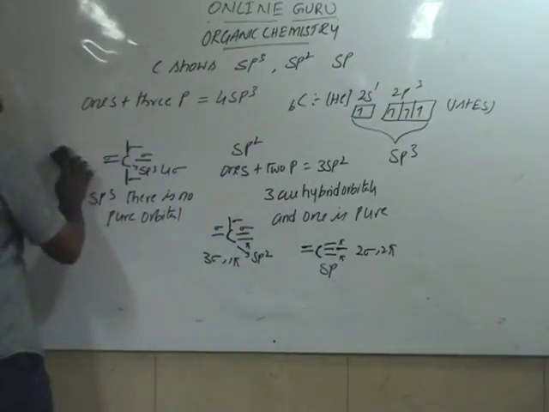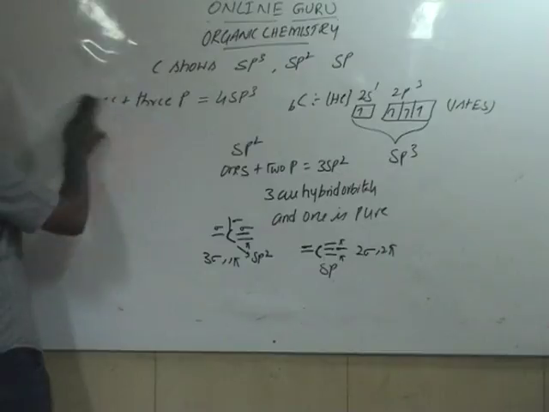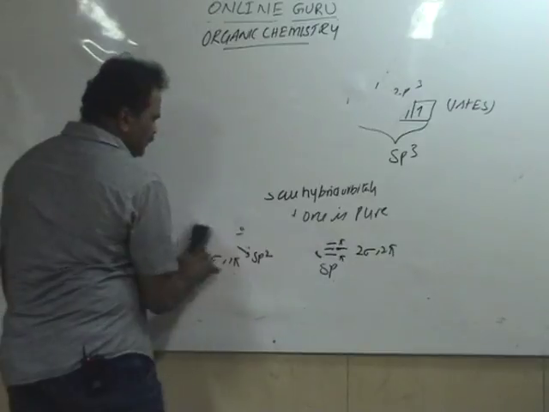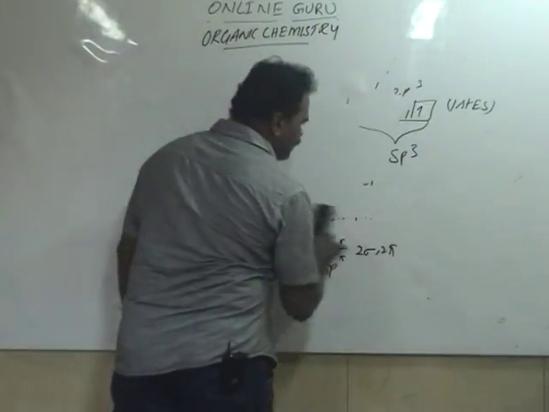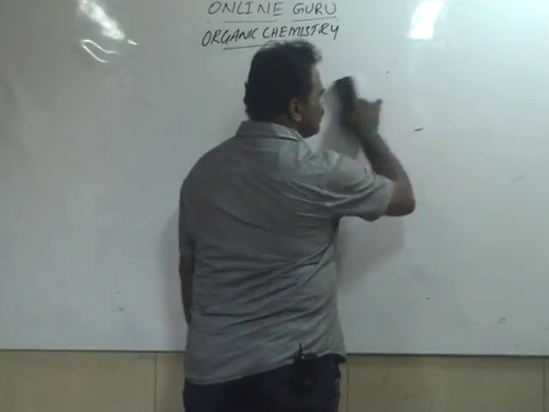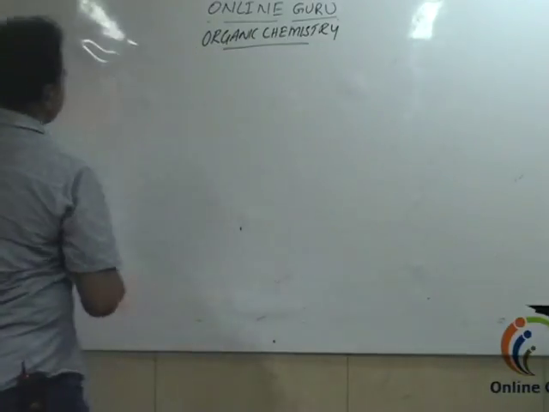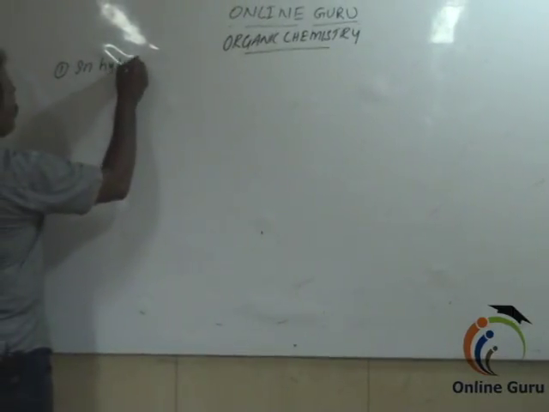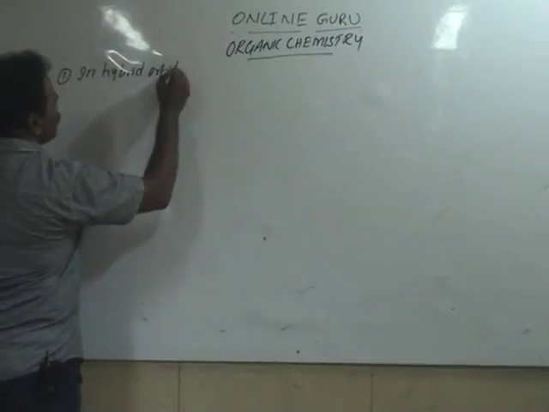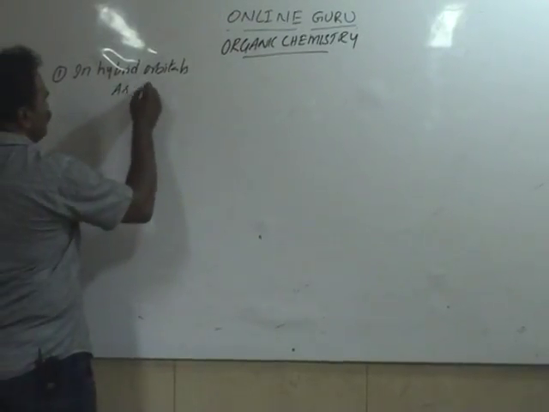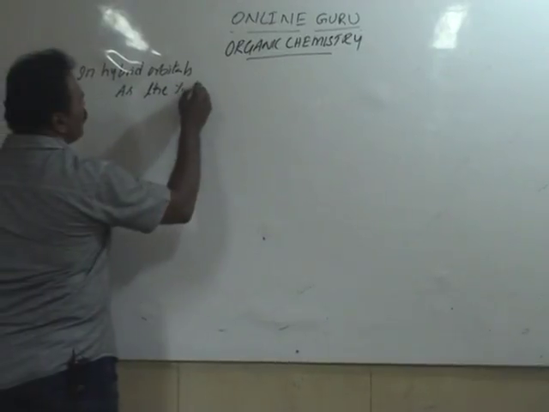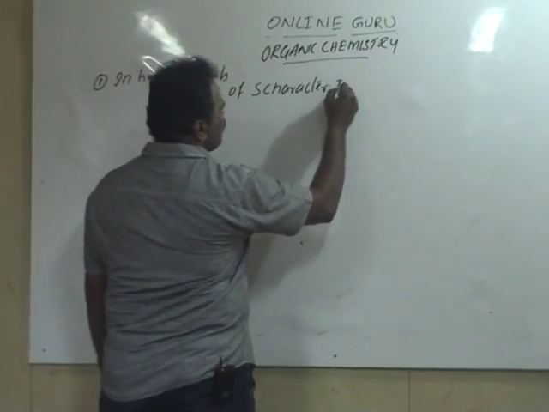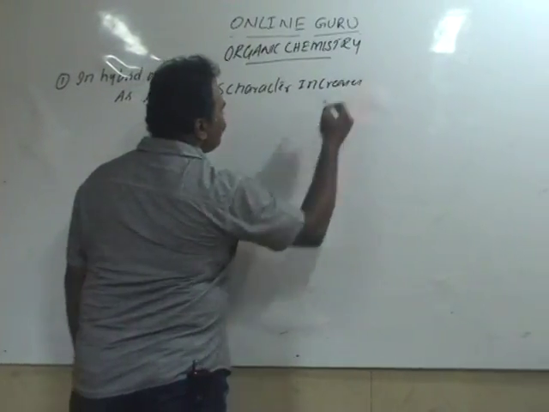And how can we find the ratio of pure and hybrid orbitals? And how can we explain the properties of carbon based on the hybridization? Point number 1. In hybrid orbitals, as the percentage of s character increases, what happens?